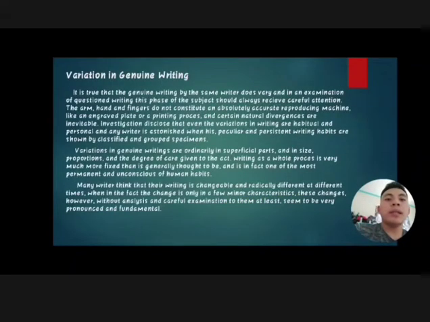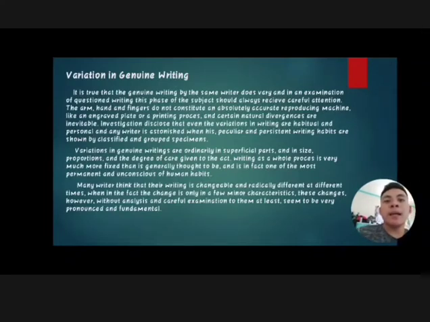Variation of genuine writing. It is true that the genuine writing by the same writer does vary. In an examination of questioned writing, this phase of the subject should always receive careful attention.